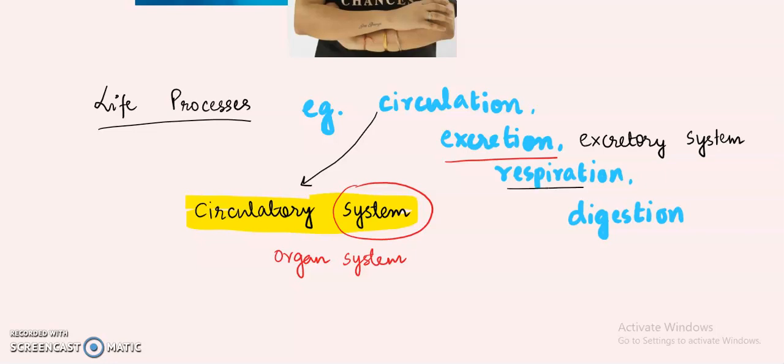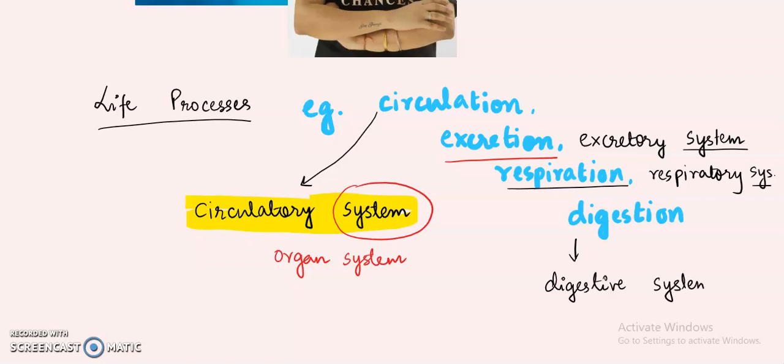Respiration is a function that is being done by the respiratory system. See, each word ends in system, that means I am talking about an organ system. Digestion is a function which is done by the digestive system, right?